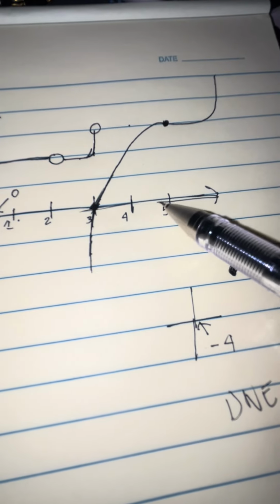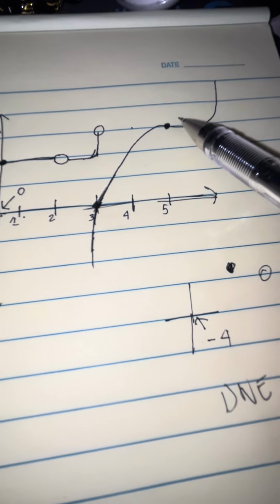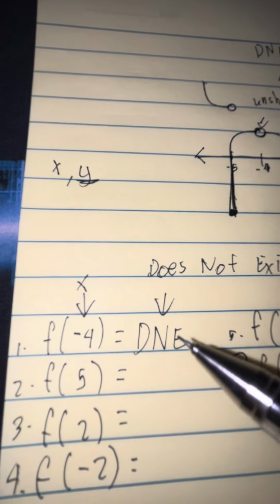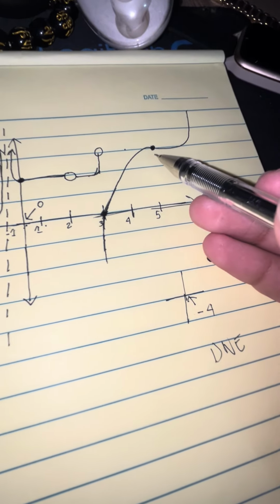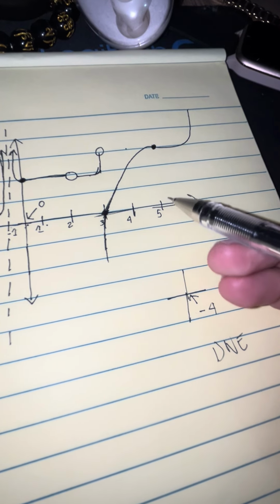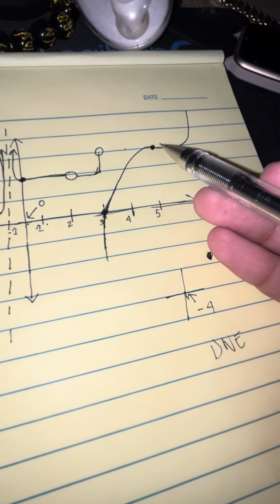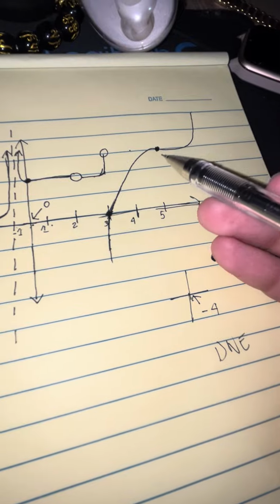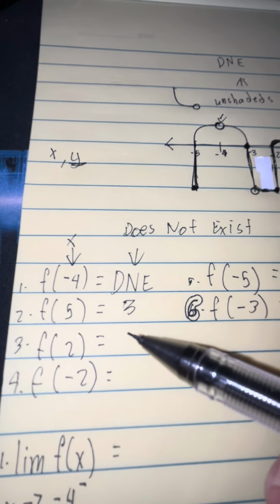So that's 1, 2, 3. Now we know that the value of f of 5 is 3, positive 3. Why? Because it's on 5 and it has a shaded circle, so that means that's the value of y when x is equal to 5, as given right here.